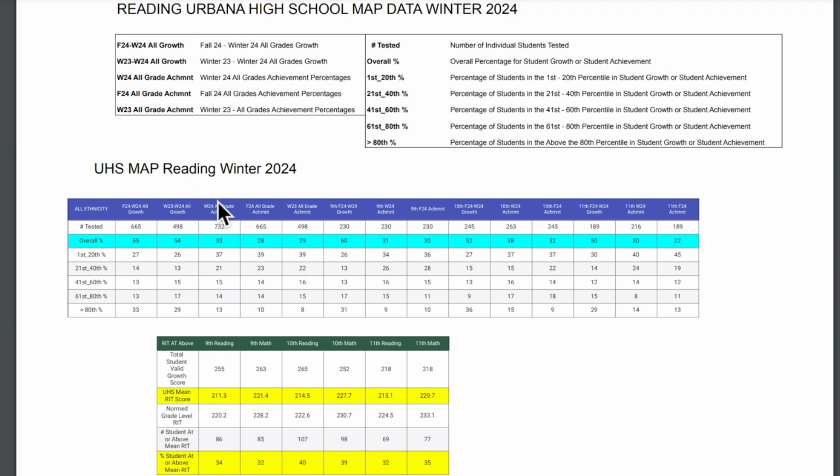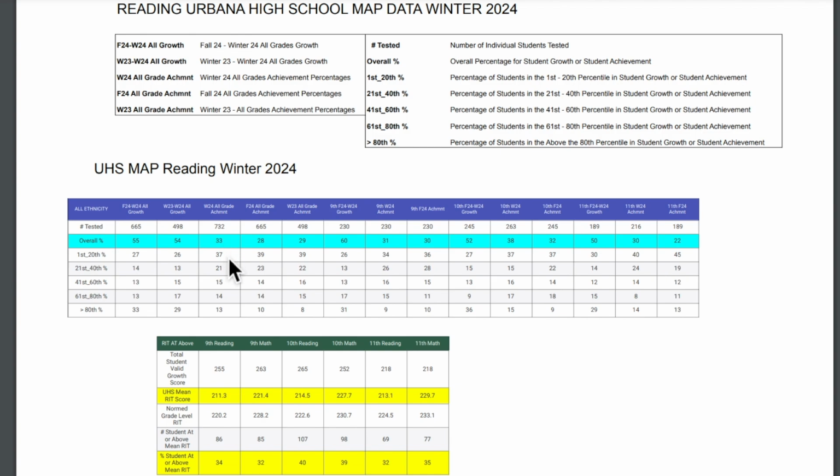Where were students in the winter at their achievement percentiles? And so we have tested 732 in the building, freshmen, sophomores, and juniors, and looking at overall achievement percentile, where is our school? We're at the 33rd percentile in achievement. And then it's going to show you which of our students are in which percentile for achievement.